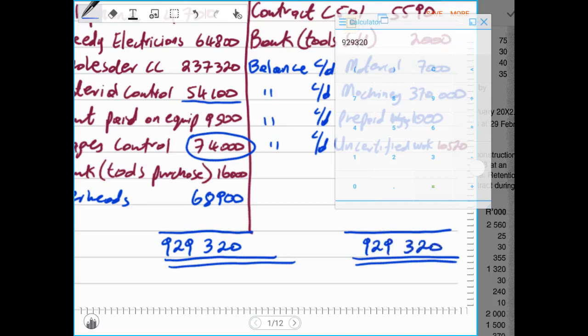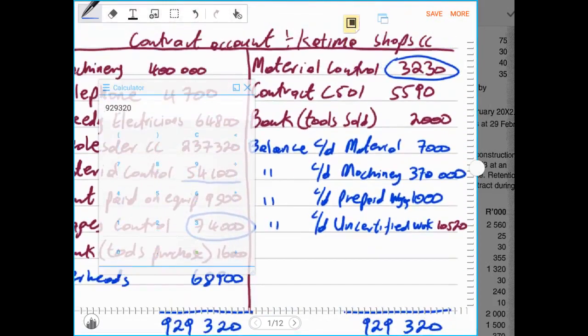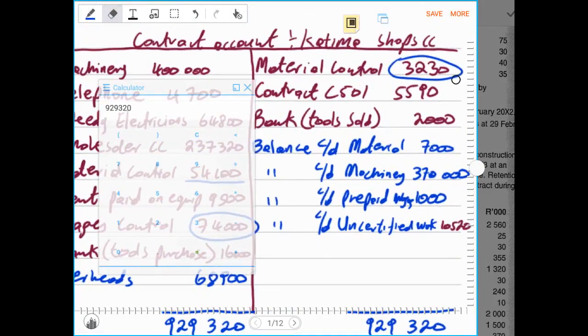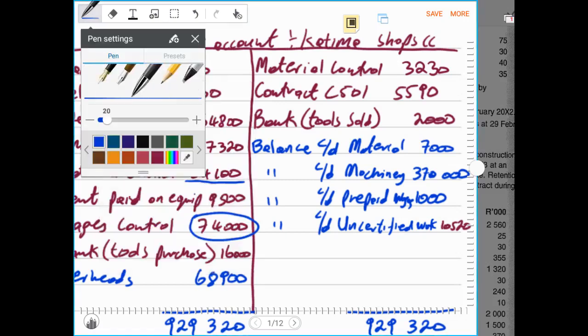929,320. Then from here now we have to subtract all the credit side. Then we say less the credit side, and our credit side starts with, we say less 3,230 less 5,590 less 2,000 less 7,000 less 370,000 less 1,000 less 10,520, and this gives me 529,980.